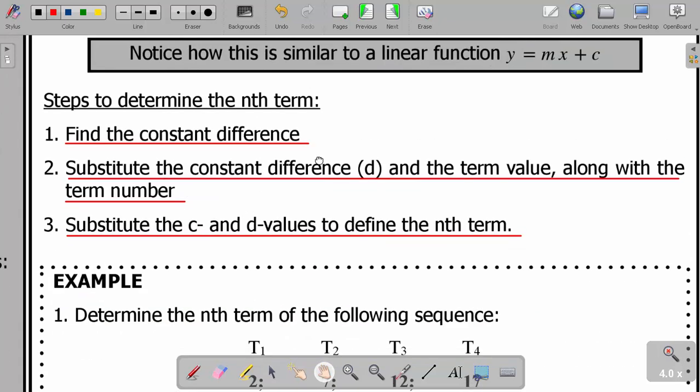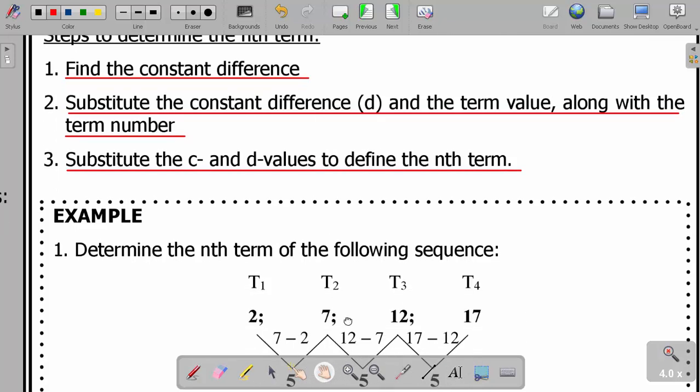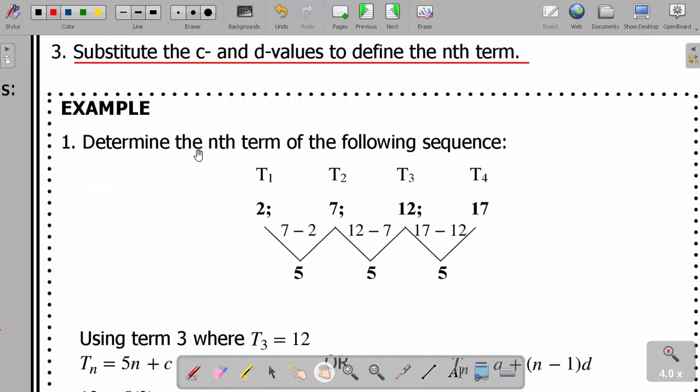Okay, let us have an example here. They said determine the nth term of the following sequence, that is T1, T2, T3, T4: 2, 7, 12, 17. Now if I check 7 minus 2, what do I get? I get 5. What about 12 minus 7?